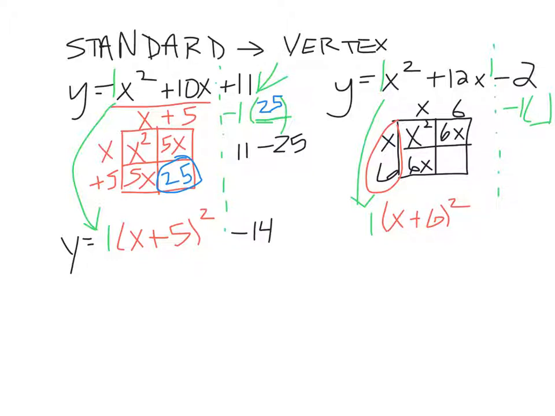What goes in my gaping hole to complete my square? 36. And that gets filled in my spot. So I get -2 minus 36, which would give me -38.